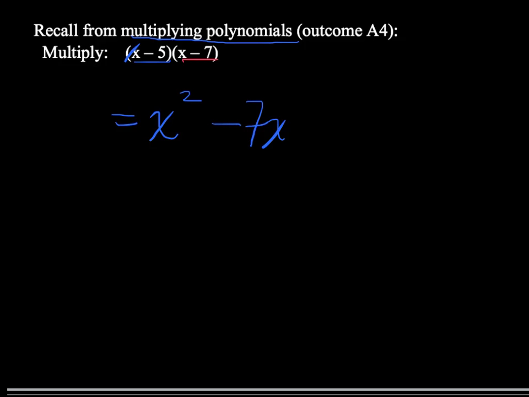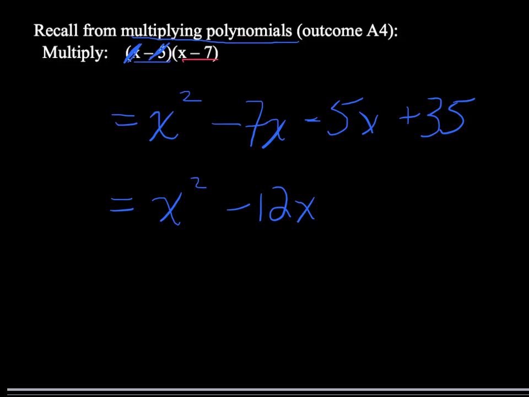So I'm done with this x. And now minus 5 times x is minus 5x. And minus 5 times minus 7 is positive 35. Okay, so now I'm done with the minus 5. In fact, I'm done. All I have to do is combine like terms, so that gives me x squared minus 12x plus 35.